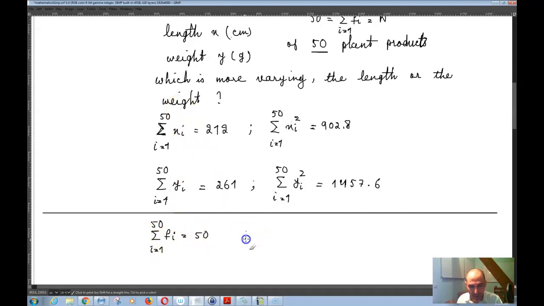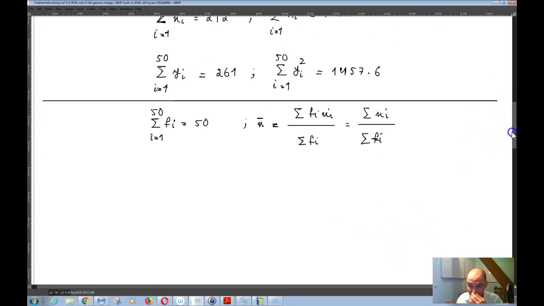So when it comes to calculating the x bar over here, what you would normally do is say sigma f of i x of i over sigma f of i, and since the frequency of each of those observations is equal to 1, you can just simply write this as sigma x of i divided by sigma f of i, right?